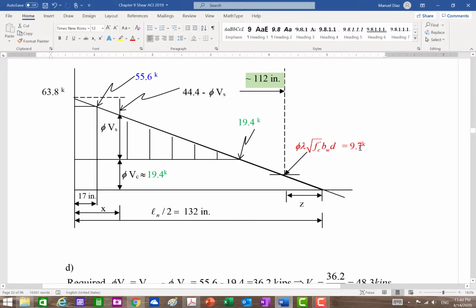As 9.7, which is that one, is proportional to z. And so you're going to find z, and then you subtract 132 minus z, right? You subtract z from 132, and that gives you the distance that you need to cover stirrups, which is from here all the way to this point. Okay? You need stirrups. Okay?